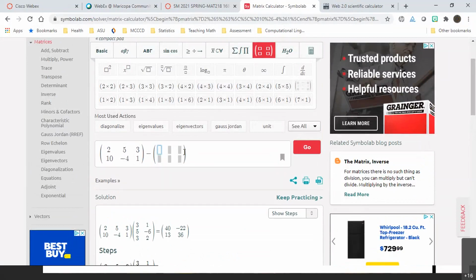If I'm adding or subtracting, the matrix dimensions have to match exactly. All right, so this is a 3, a 4, a negative 2, and a negative 5, 6, and 8.